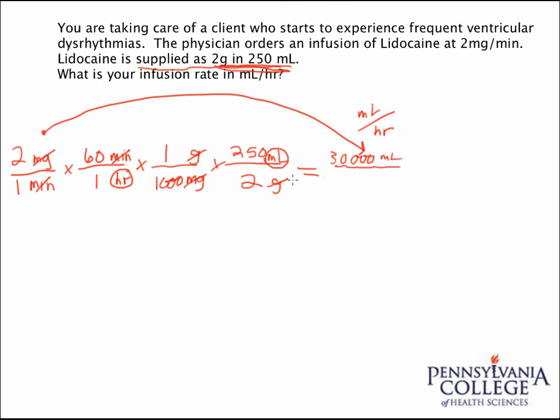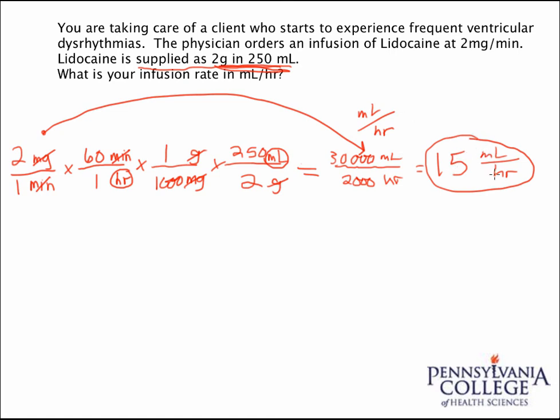In the denominator, 1 times 1 times 1,000 times 2 is just 2,000, and my unit is hours. Now I just need to divide 30,000 by 2,000. I get 15, and this is milliliters per hour. That is the solution to this problem.